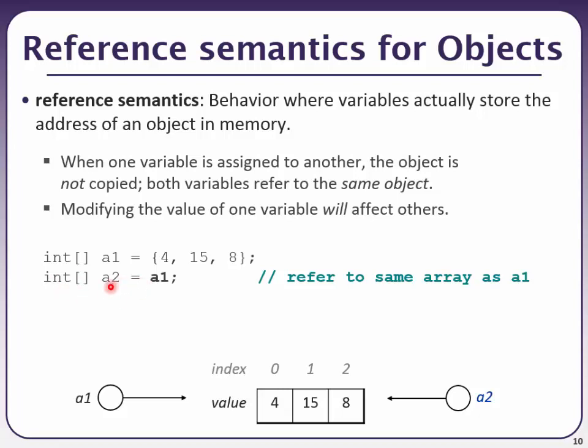And then we assign to A2, instead of initializing it with a new array and new values with the shortcut notation, we simply say that A2 is going to hold the same reference as A1. So here's the updated memory diagram at the bottom of the slide. So whatever value was right here inside of A1 is going to be copied inside of A2. So please pay attention, okay? I use the word value and I use the word copied.